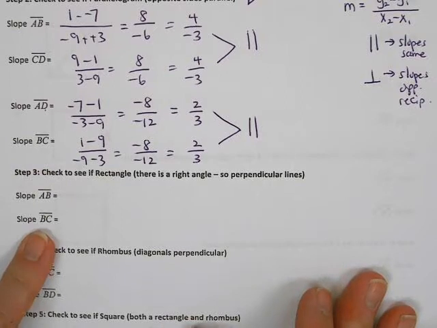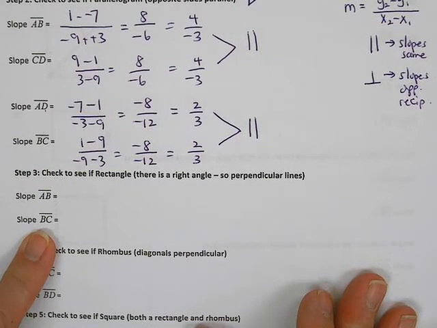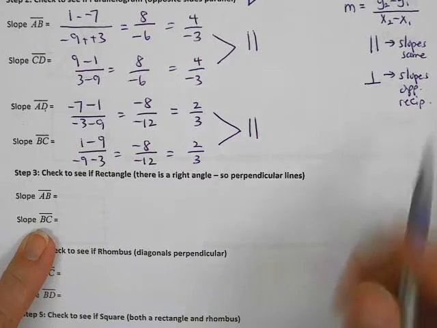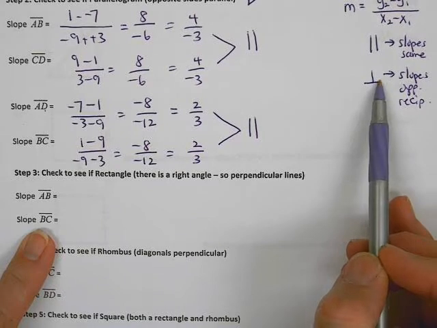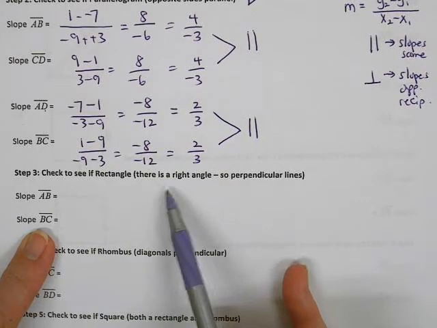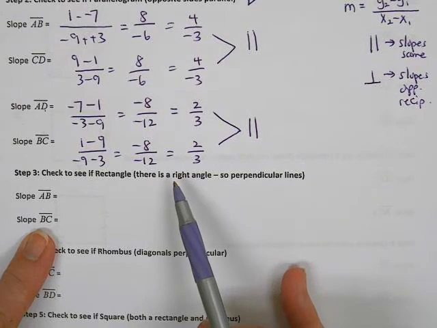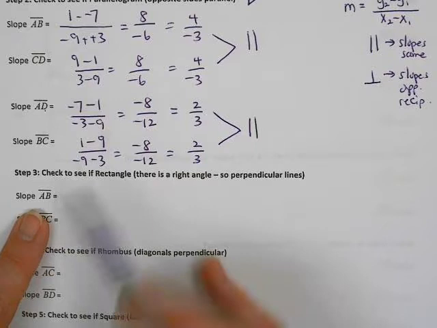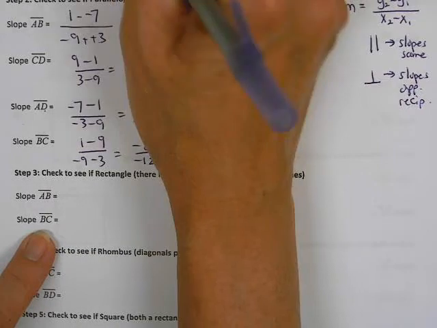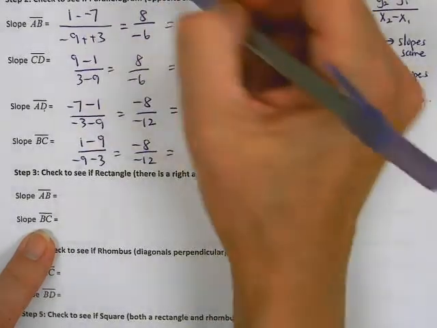All right. Now, if it's a rectangle, we know rectangles have right angles. So right angles come from perpendicular. Remember, if there is one right angle, there's all right angles. So I really only need to check one perpendicular. Well, I've already calculated these slopes. I'm looking at the slope of AB.